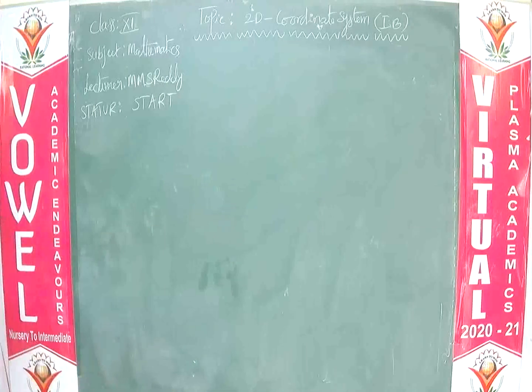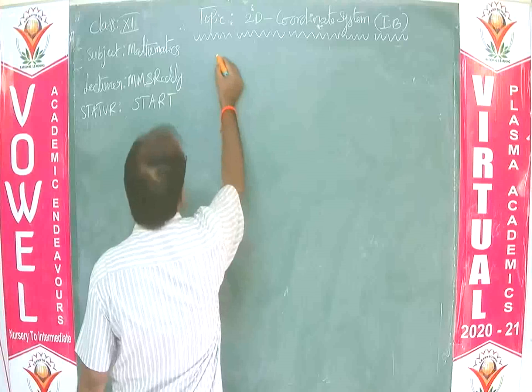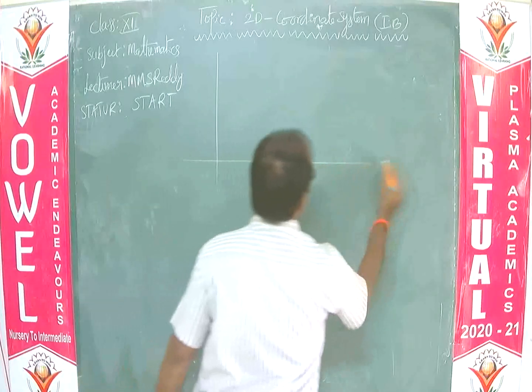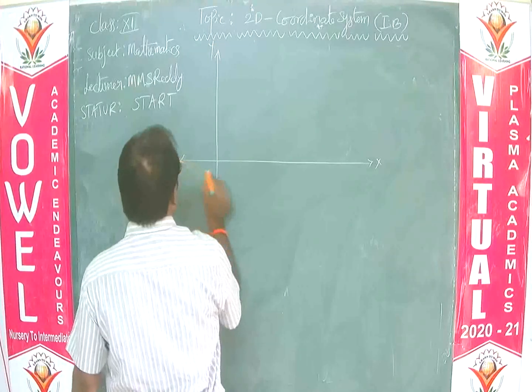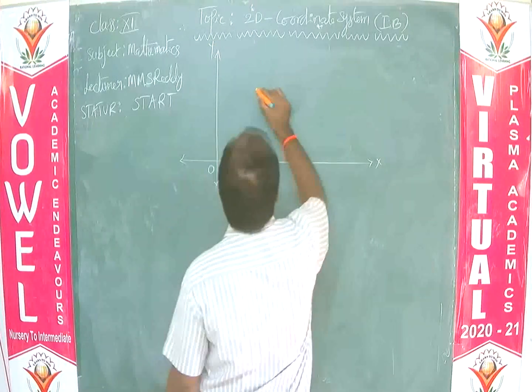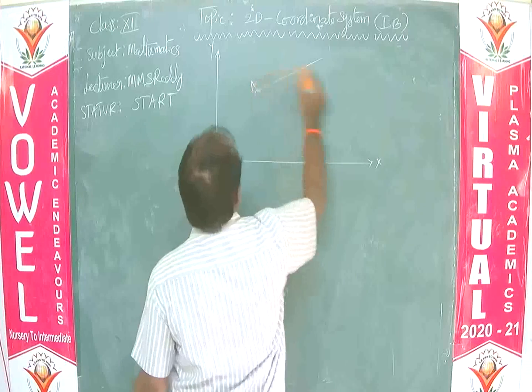Look here. Coordinate axes x, y, point of intersection origin.